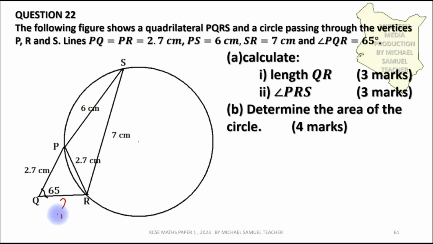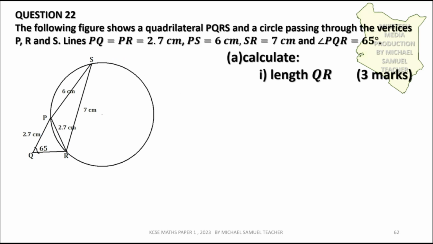We need to get length QR, then angle PRS, this angle is also required, and then determine the area of the circle. So let us begin with this part, QR, in triangle PQR, so that we get length QR.